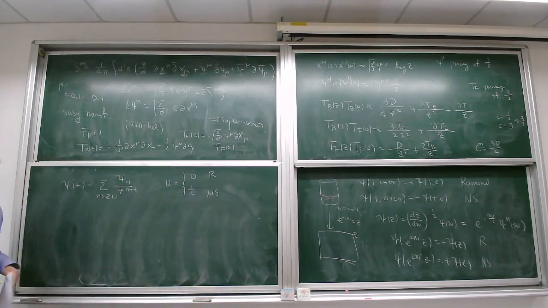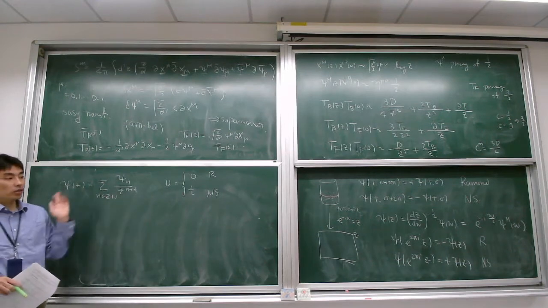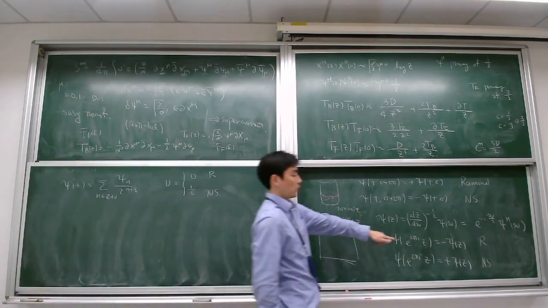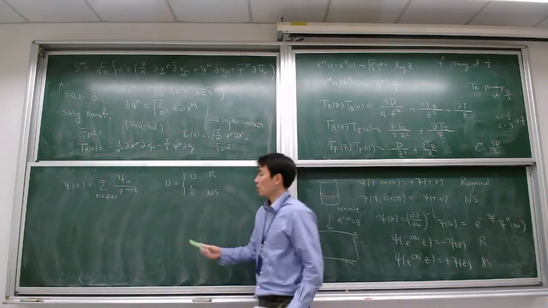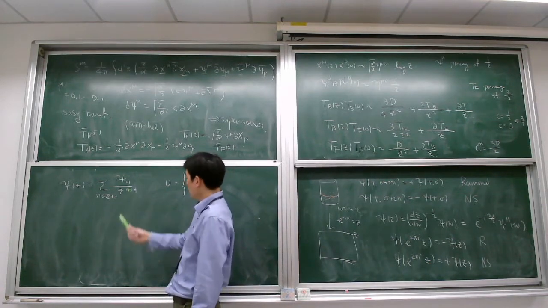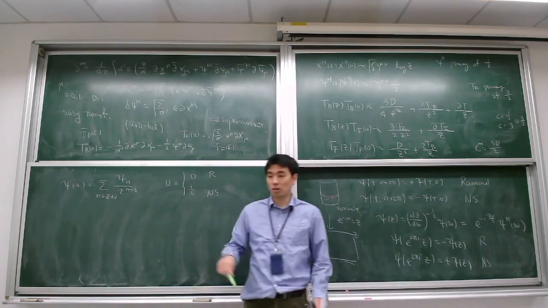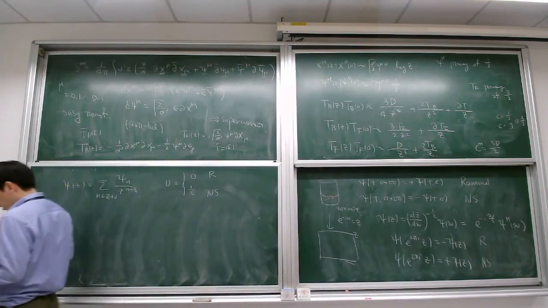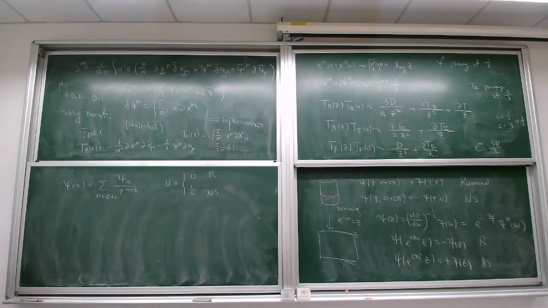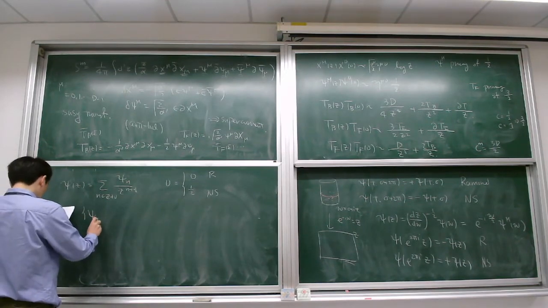As you can see, if it is 0, once you go around, a 2 pi rotation will give you a minus sign. Whereas if you put half-integer modes, and if you put integer modes, you get the plus sign once you rotate. So that's the difference between bosons and fermions.